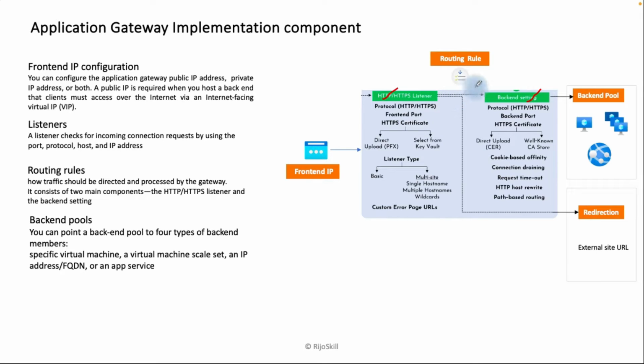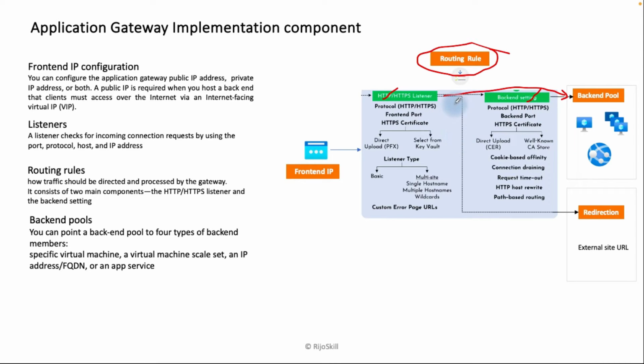The routing rule will check the backend settings. So how can we connect the backend settings? Your traffic will be moved to the backend settings. For the backend, you are using virtual machines, a virtual machine scale set, an app service or whatever service, depending on your routing rule. Whatever routing rule you configure, it will hit the backend port.